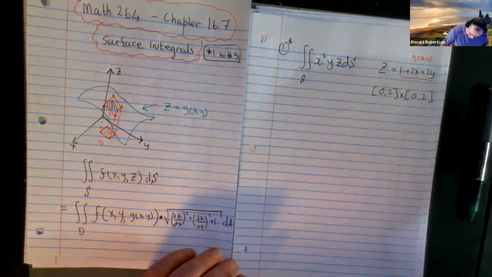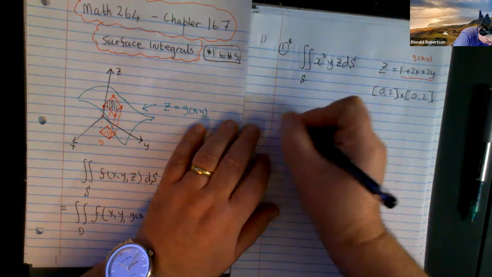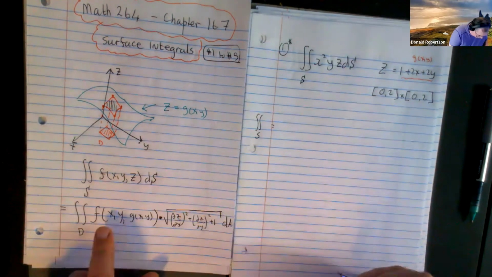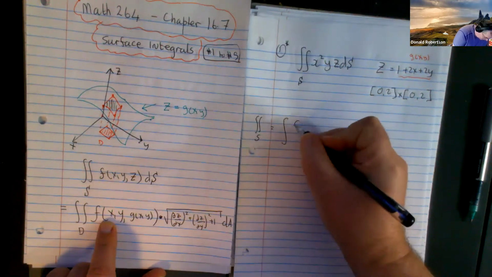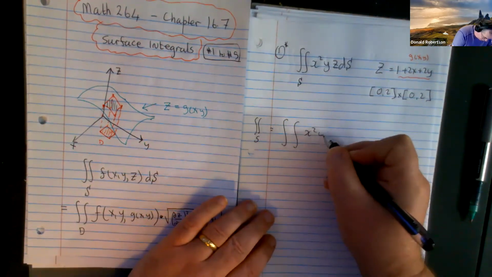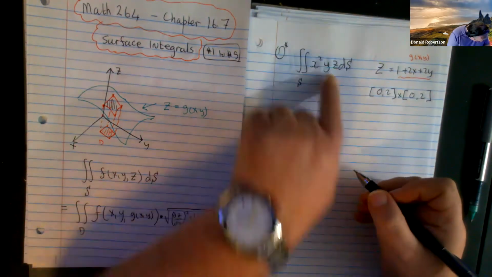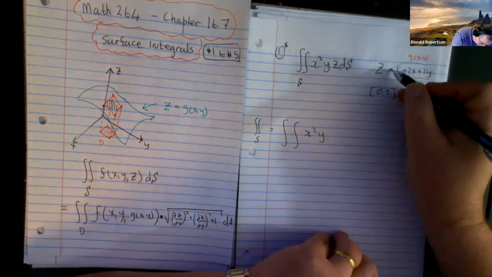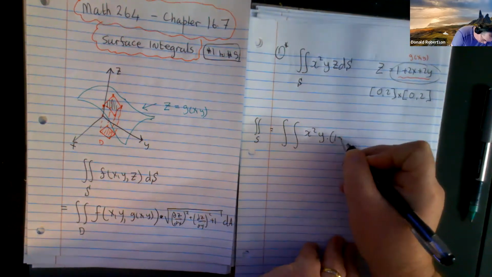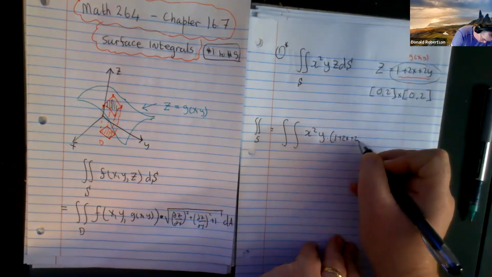Now, in this case, that double integral is going to equal x squared y, and instead of z, you replace it with 1 plus 2x plus 2y.